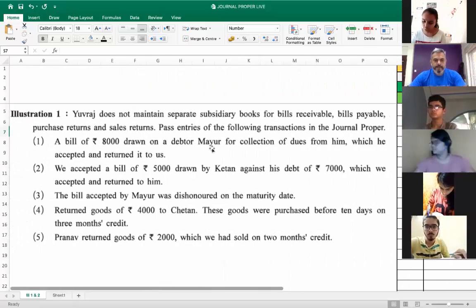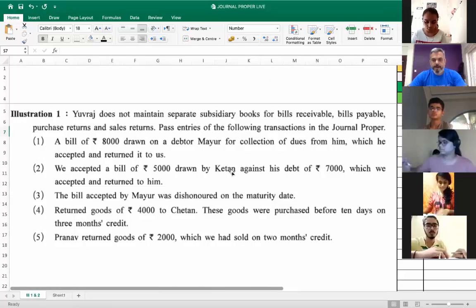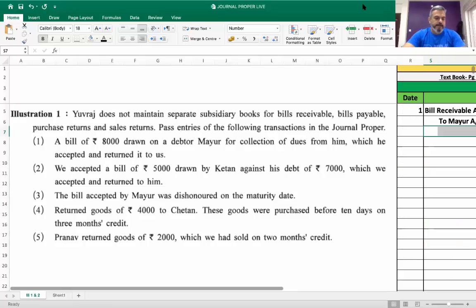Second, we accepted a bill of 5,000 drawn by Ketan. Now Ketan has drawn a bill of rupees 5,000 against his debt of 7,000, which we accepted and returned to him.